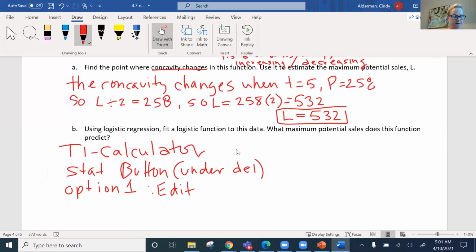So from there, you're going to hit stat again, and then cursor over to the right.